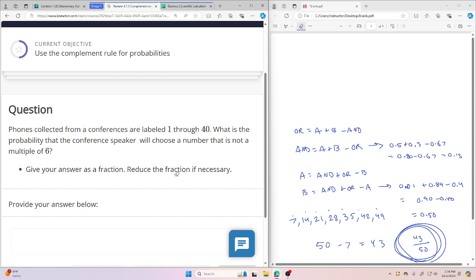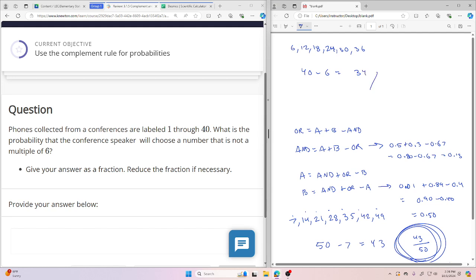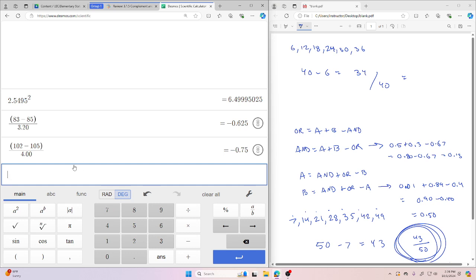Not a multiple of 6. It's the same as last time, right? So we got 6, 12, 18, 24, 30, 36, and we should stop because it's 40 there. So that's 6 of them. So we got 40 minus the 6 is 34, and then we're going to divide that by the 40. You can reduce that down, but I would recommend using a calculator for that.